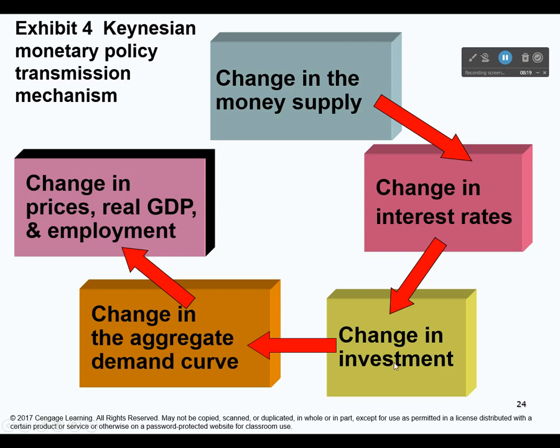So if investment spending goes down, the aggregate demand curve goes down. And then generally, aggregate demand is inversely related to prices, real GDP, and directly related to employment.